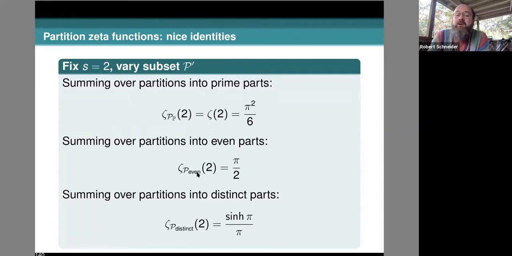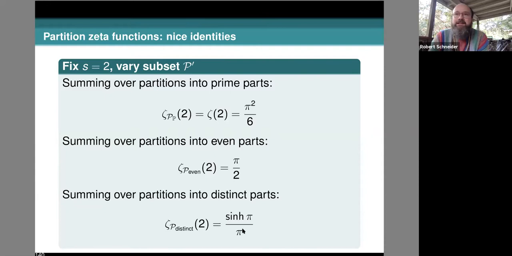So now coming over here and looking at the evaluation where we look at the zeta function over partitions into distinct parts, that's a nice subset of partitions. Remember, we're fixing the s here, so we can really just look at the behavior of the zeta function when we switch the subsets. We get this hyperbolic sine of pi over pi. This is crazy too.